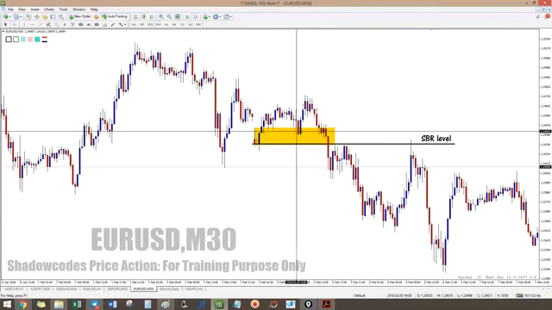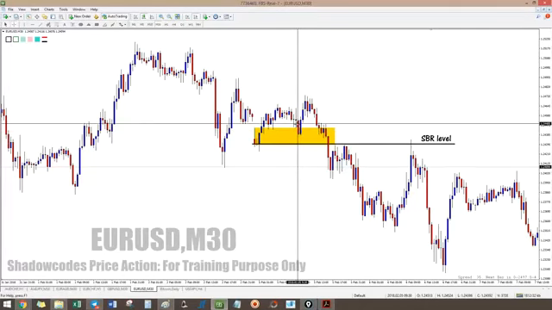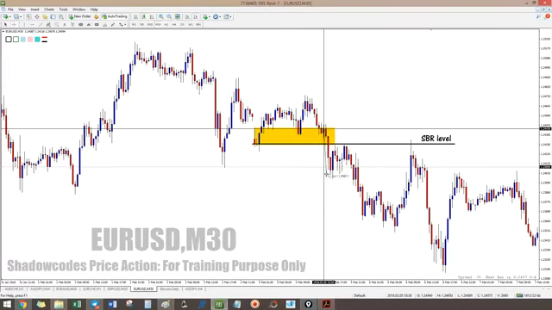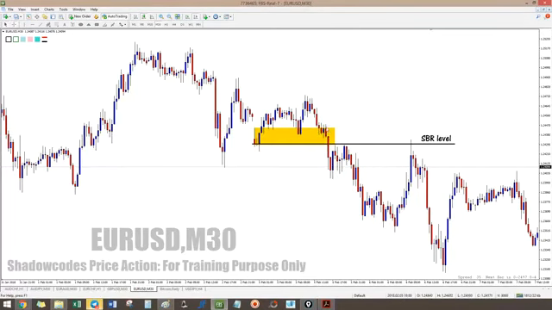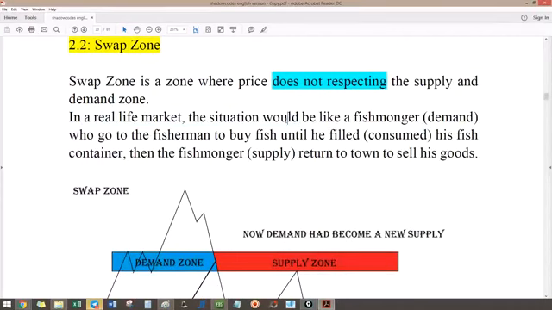Okay, so it tested here, it's okay, seems good, which means this demand area, this demand zone is really important because it is able to hold price. So when price is breaking this demand, in the future, it can still be used as a swap zone where this demand can also be a supply. Okay, look at this example.